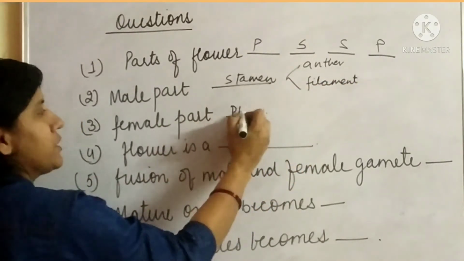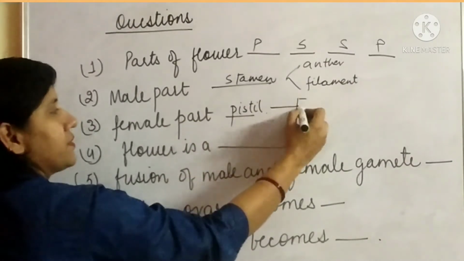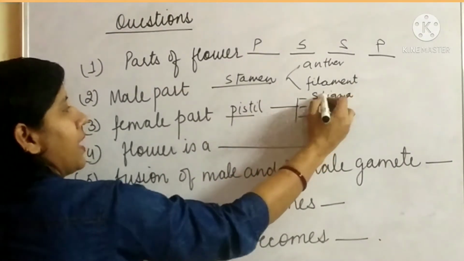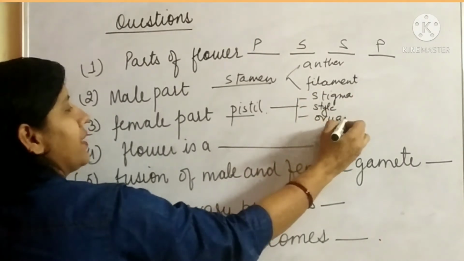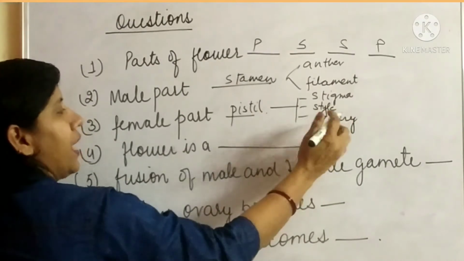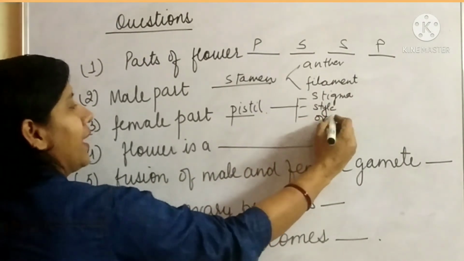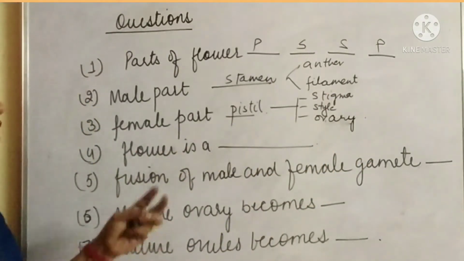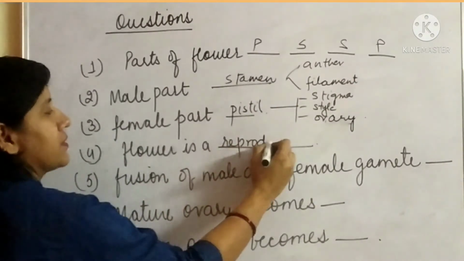Female part is known as pistil. Okay, it also has three parts. One is known as stigma, other is known as style and ovary, and inside the ovary what is there? Ovule. Next, flower is a reproductive part of a plant.